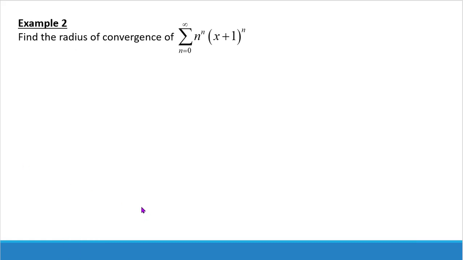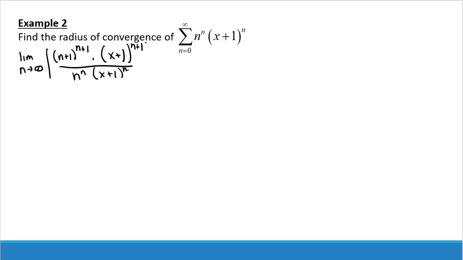So let's find the radius of convergence for this. To find the radius of convergence, we use the ratio test. So we find the limit as n goes to infinity of the n plus 1 to the n plus 1 times x plus 1 to the n plus 1, and then we simplify.